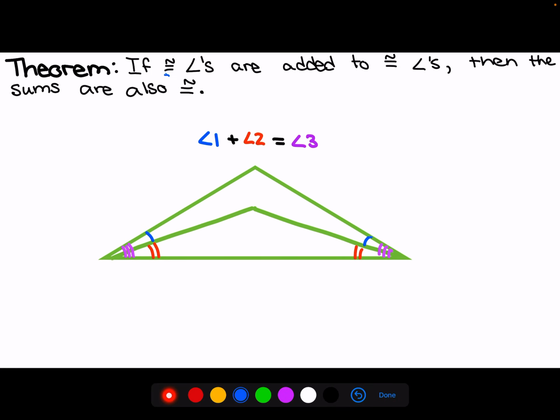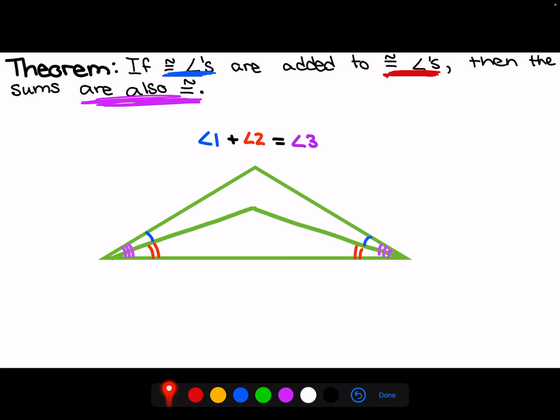So we have those two blue angles, those are congruent. I'm adding them to the two red congruent angles. So if I add blue plus red, I'll get the entire purple angle. So those sums, those purple angles, will also be congruent as a result. So it's just adding these two angles together to get the bigger angle.